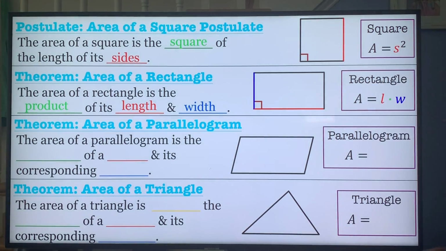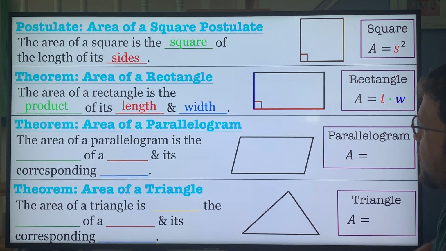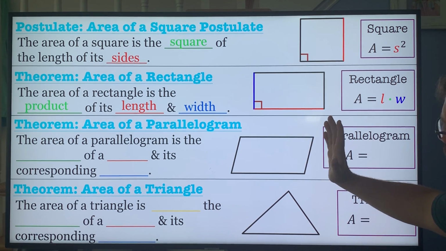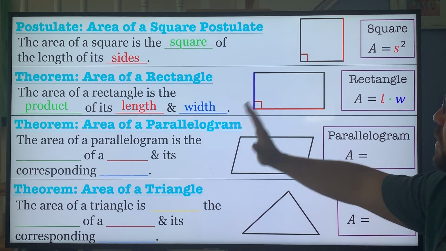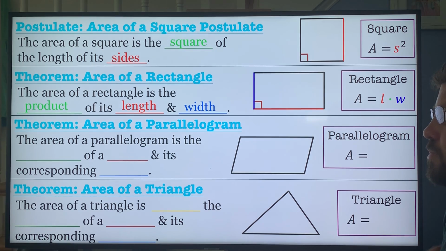Area of a parallelogram. So here's one you may not have seen before. As you can see, it's similar to the area of a rectangle, because if I take a parallelogram and push it over, you get your rectangle, right? Because a rectangle is a parallelogram. So what do you think the area of a parallelogram is? Look at the colors, it might help you out.